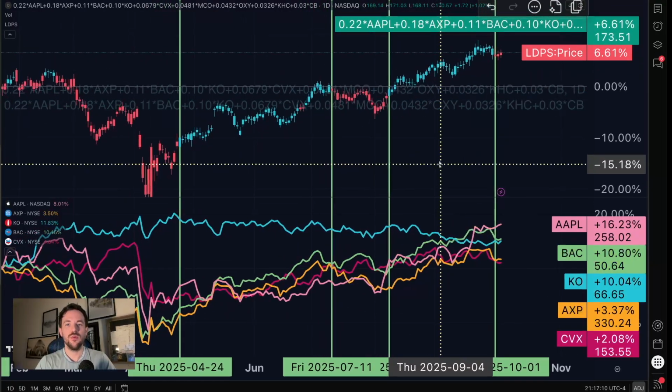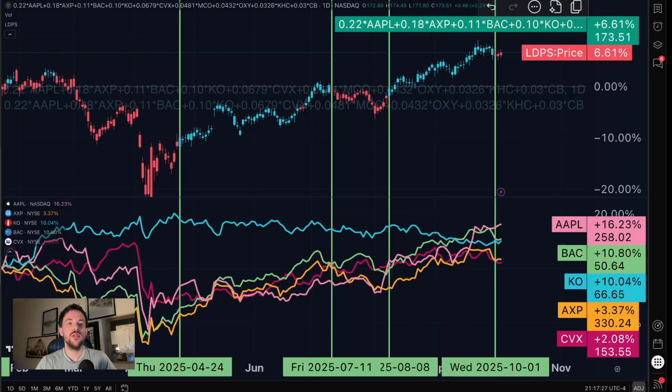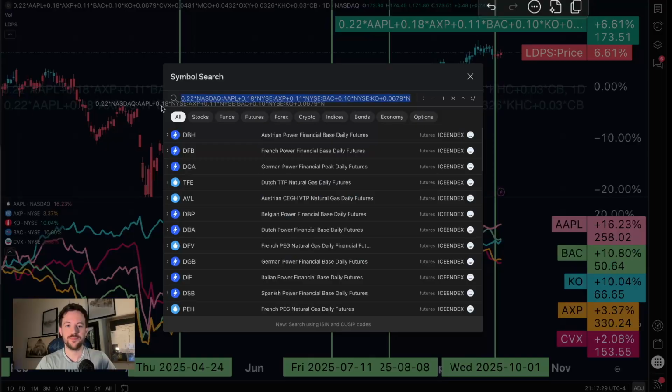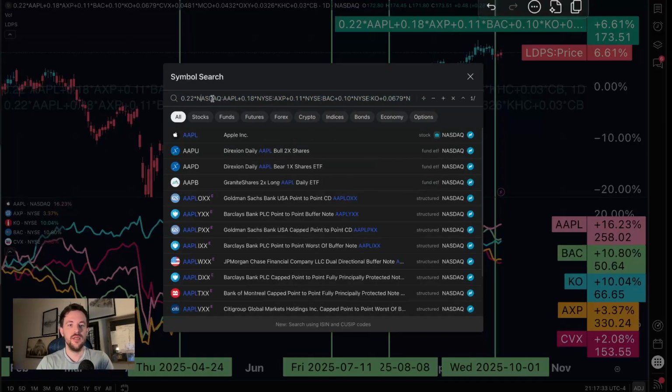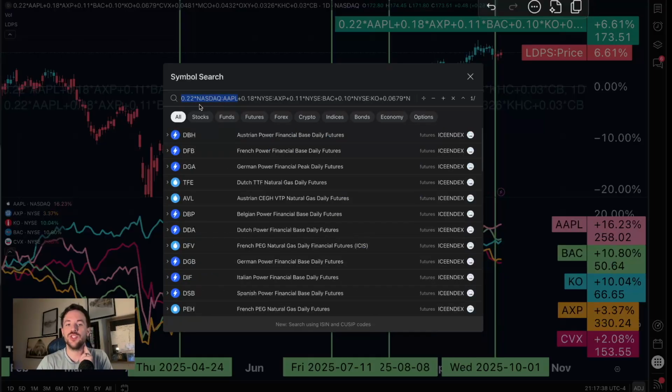In this chart, we have the Berkshire Hathaway portfolio recreated. To do that, I just went to the Berkshire Hathaway website. They have the holdings along with the percentage in those holdings, and I typed them in. So, for instance, Berkshire Hathaway has 22% of their portfolio in Apple.